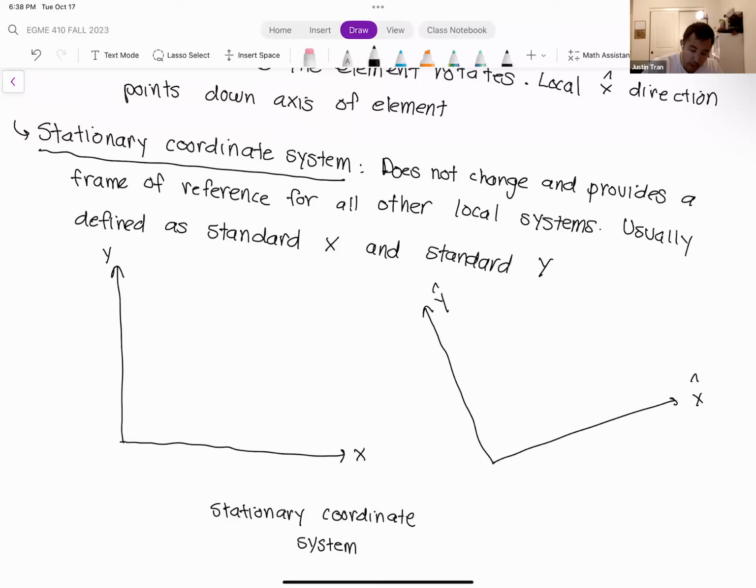And that's going to rotate the y direction as well, so we're going to have a y hat in that direction too. The orientation of this new coordinate system is given by an angle theta, where that angle theta represents how much our local coordinate system has rotated away from our stationary coordinate system.